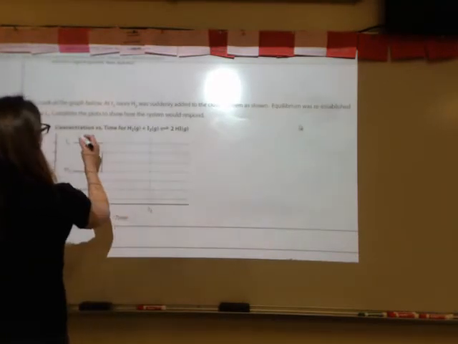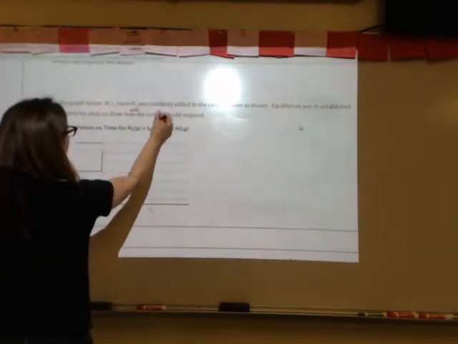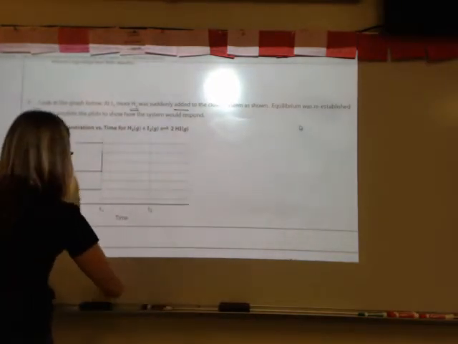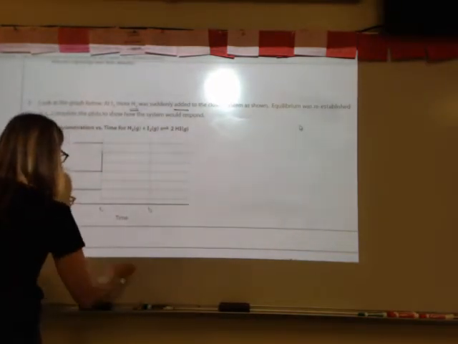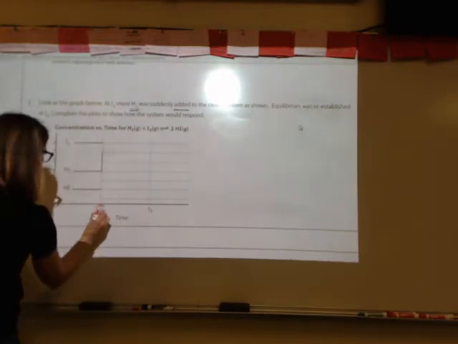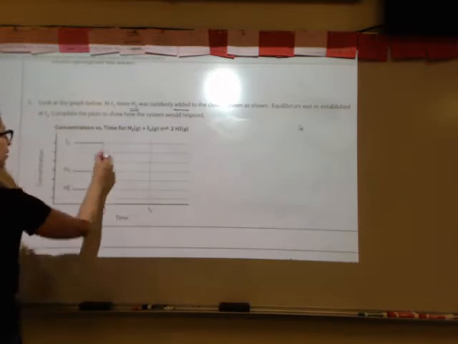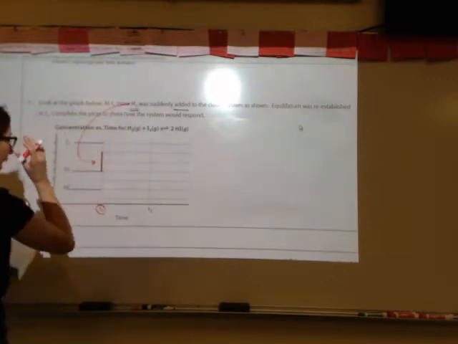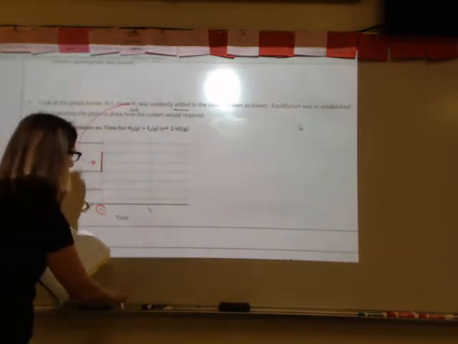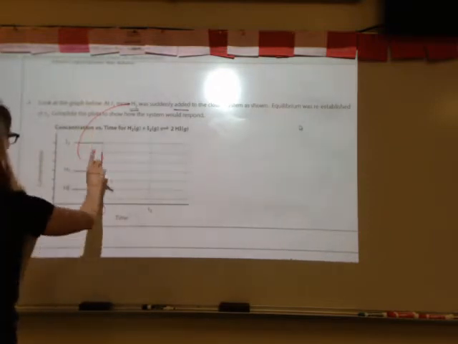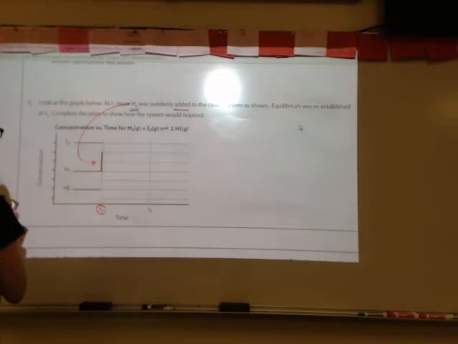Okay, so we're going to emphasize that H2 was suddenly added. So that's why you see this at T1. That's why you see the concentration of H2 suddenly increase, because it was suddenly added. Anytime you suddenly add something, you will see that line dramatically increasing that way, okay?